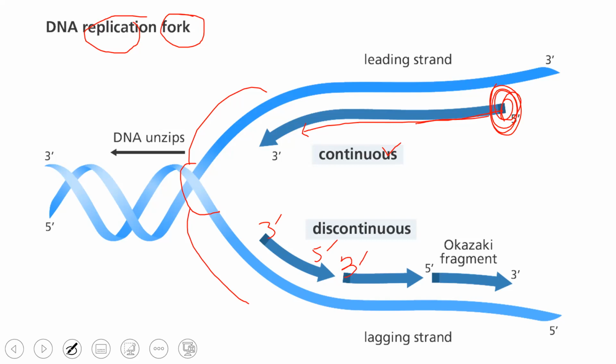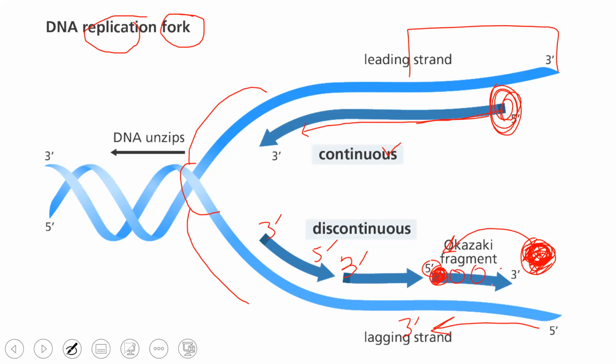But when it came here, it realized that this strand runs 5 prime to 3 prime, which means I can't attach here, and if I can only attach 5 prime to 3 prime, then I have to move over here, attach during this window, and form a 5 prime nucleotide over here, a 3 prime again, to make sure that the 3 prime is here. Then in the next window, I have to again move back over here.